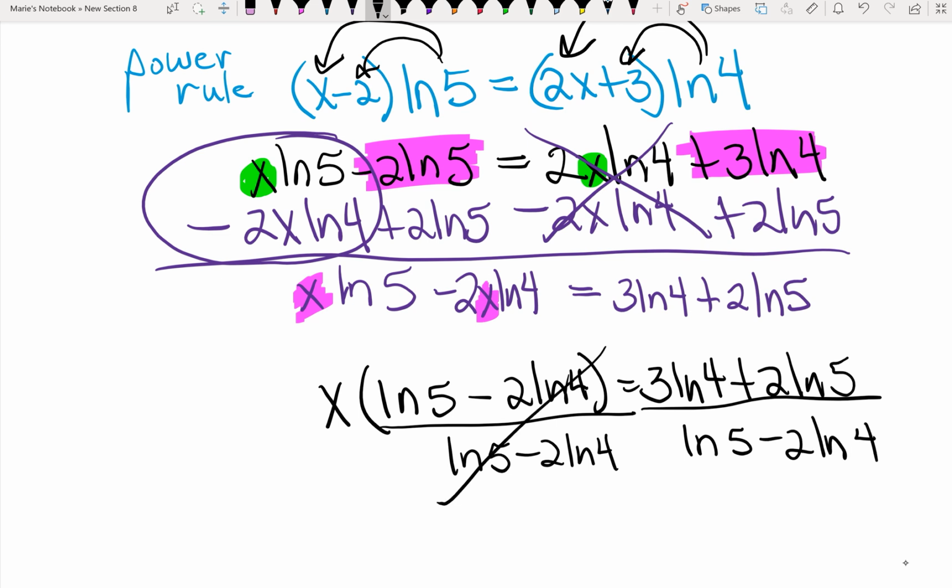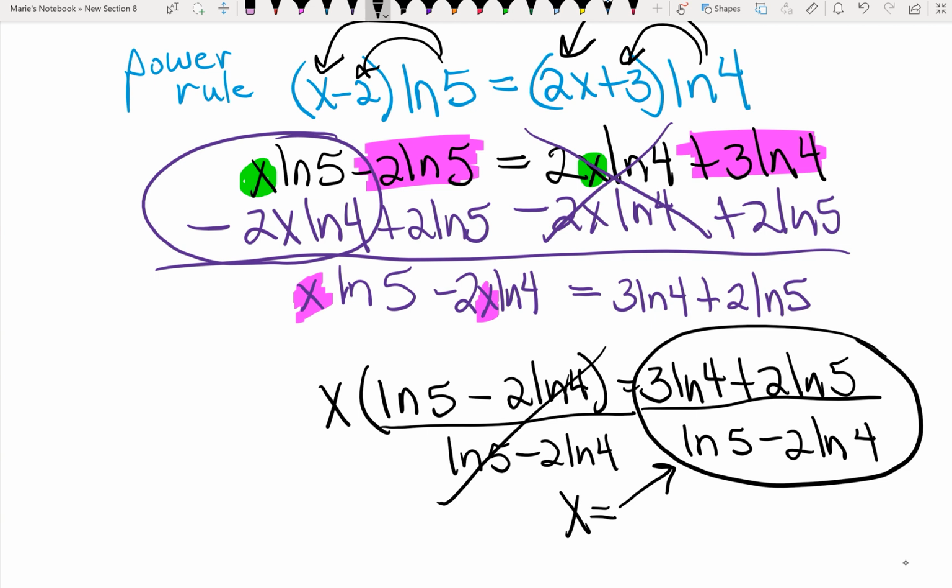And then this will cancel to 1, and therefore x equals all of this stuff. You can solve for this by tossing it into a calculator, and the solution should be approximately negative 6.34.